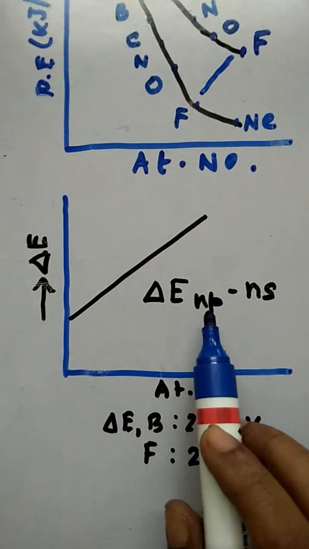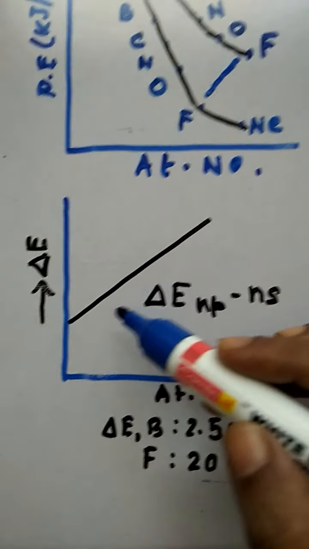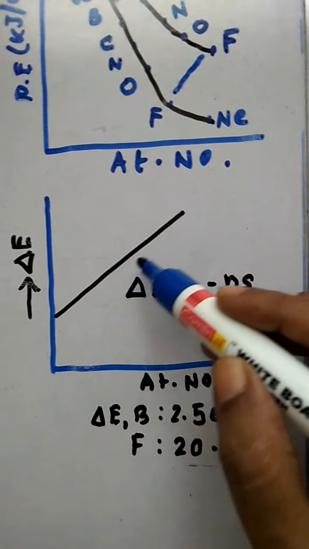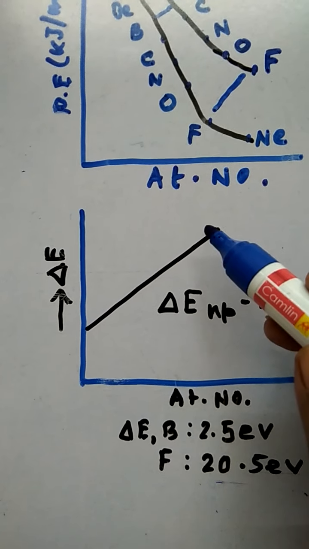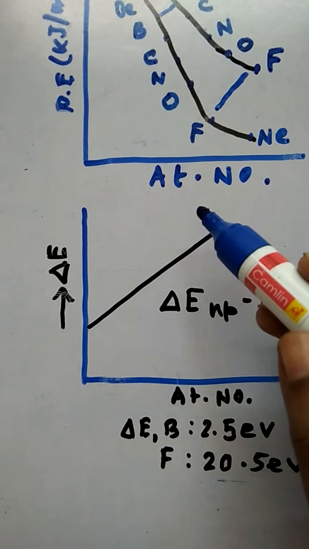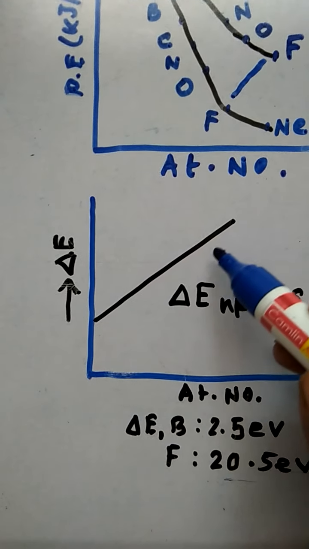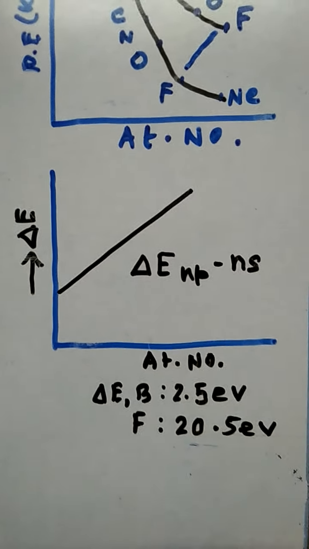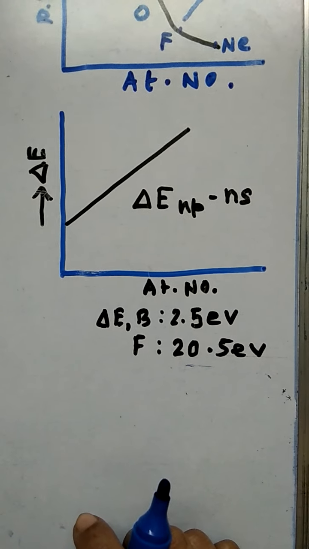In this picture, the plot is delta E versus atomic number, where delta E is the energy difference between the p and s orbital. With increase of atomic number the energy difference increases. That means starting from boron, when we go up to fluorine, the gap is increasing. So obviously the interaction will be very poor or not there.